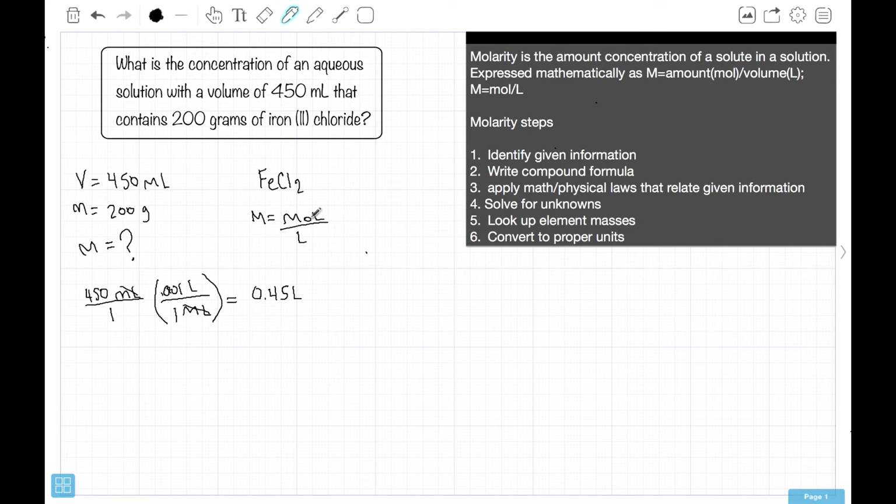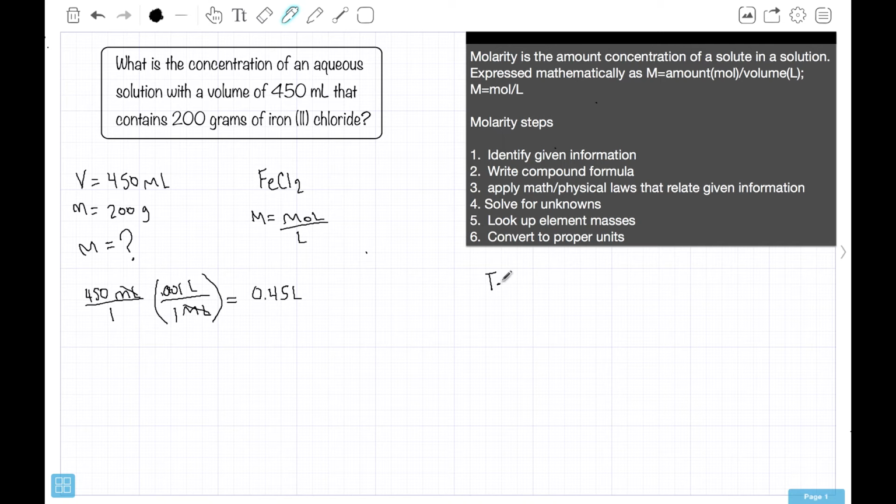So the next thing to do is convert these 200 grams to moles. But first we have to find the relationship between grams and moles for iron 2 chloride. So in order to do that, we've got to do like step 5 says and look up the elements' masses.